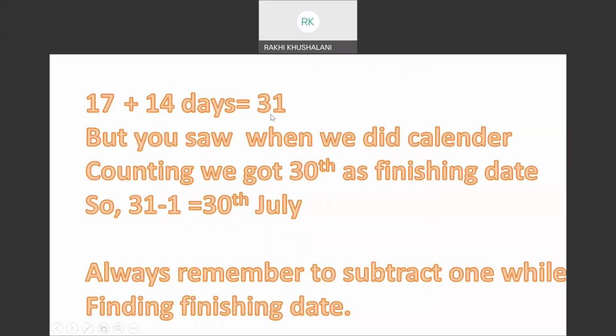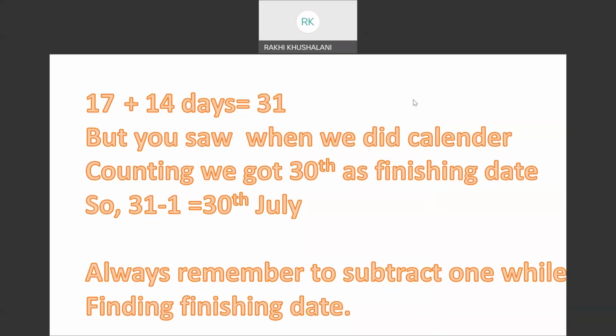So as I told you, you have to subtract 1. I have to subtract 1 so as to get 30th as the completion of the book. Always remember to subtract 1 while finding the finishing date when doing forward counting with the date and the number of days. Okay, children?